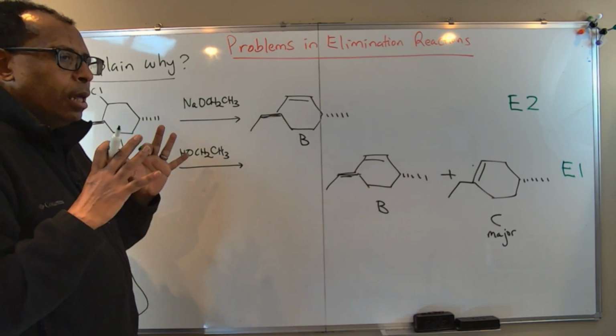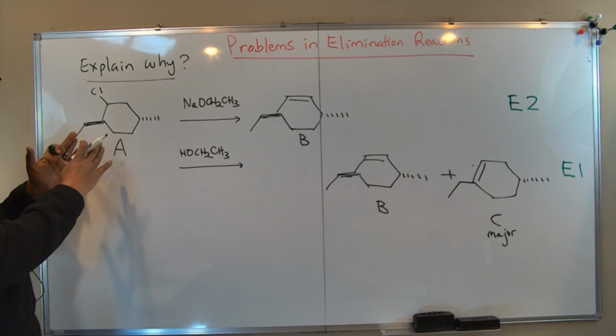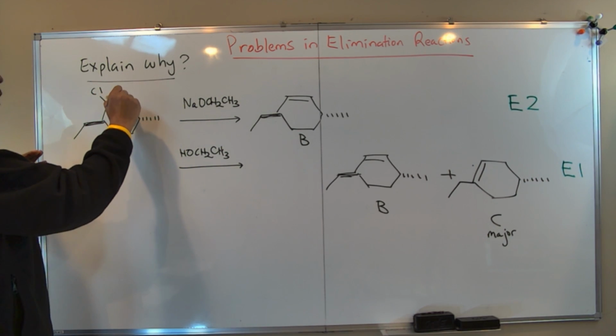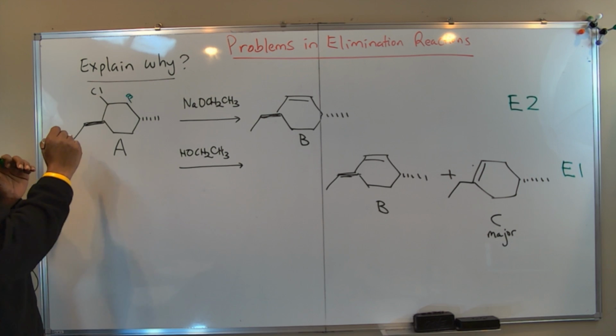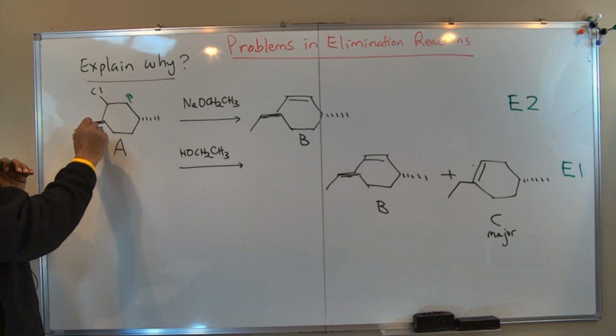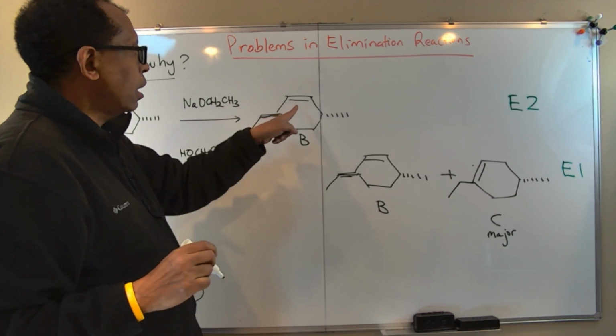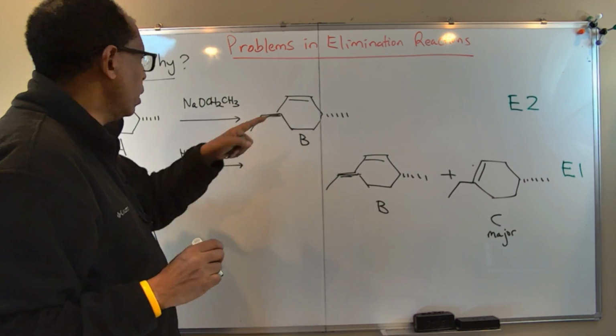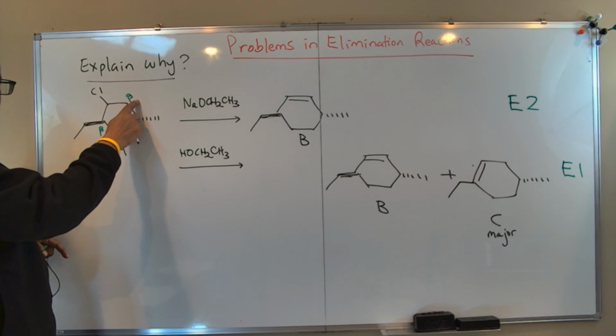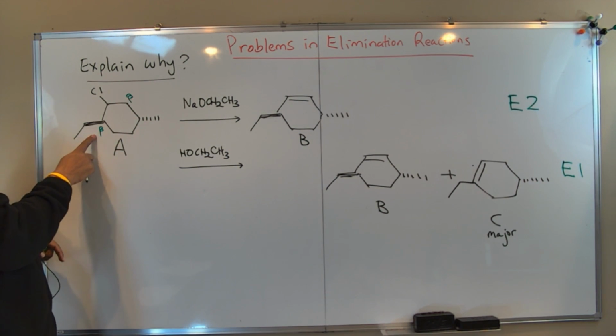Sterics, meaning that overcrowding the environment is not a good thing for an E2. So when you come close and see here, these are the beta hydrogens here and the beta hydrogens from here. The product that's formed here is only from this beta hydrogen, not from this one.